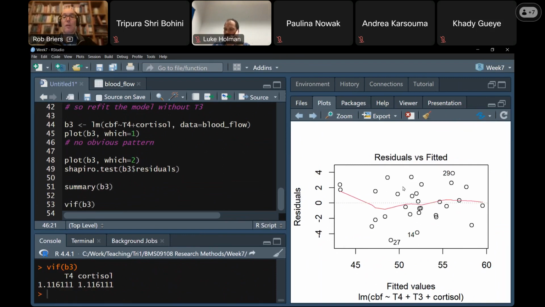So if you had residuals significantly different from normal, and particularly when you have that wedge-shaped pattern in the residuals versus fitted plot, then you would consider transformation.